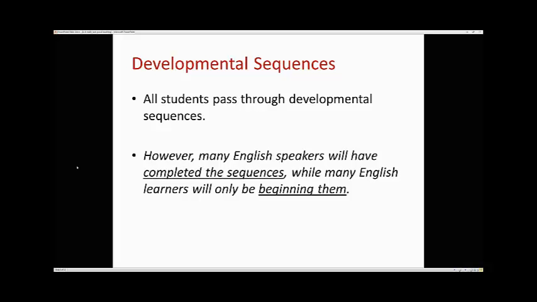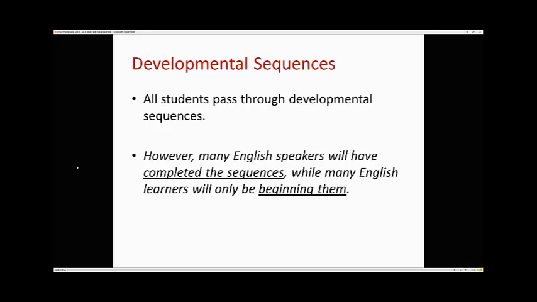But there is a main difference, and that is this. Many English speakers in the classroom will have already completed these sequences. This is especially true with adolescents. By the time the child is approaching adolescence, those sequences tend to be finished, or if it's a feature of the speech community where it's acceptable for someone to say something like he's scared, or he here, or he not there, or something like that.